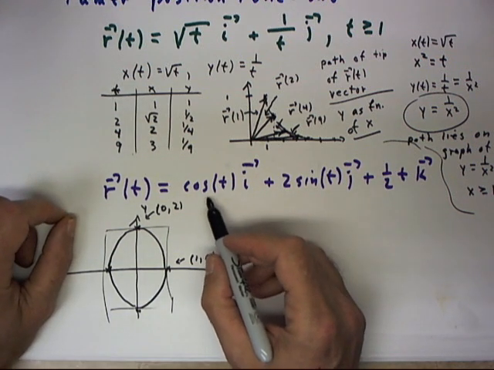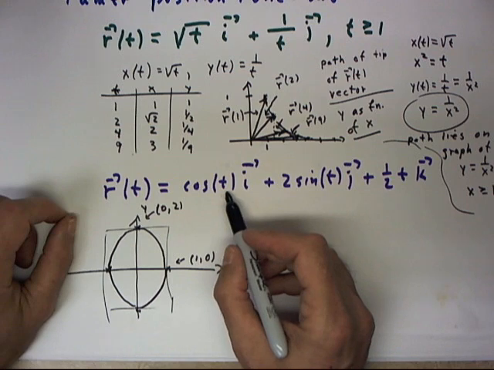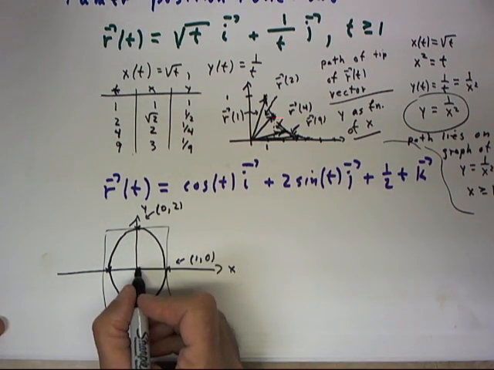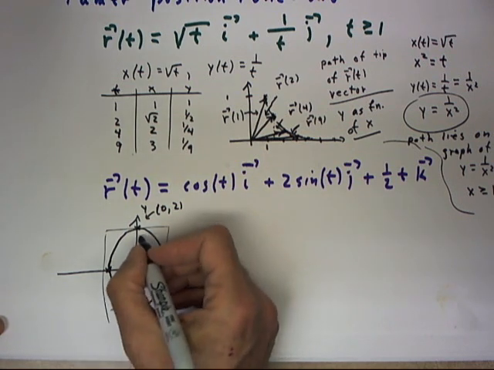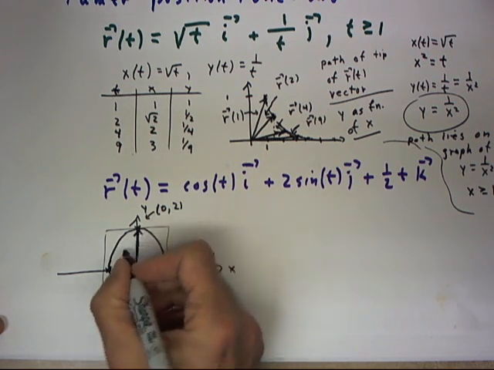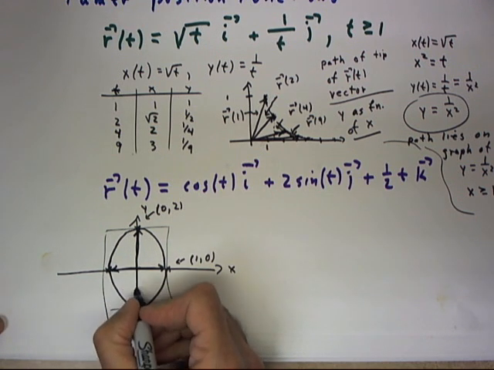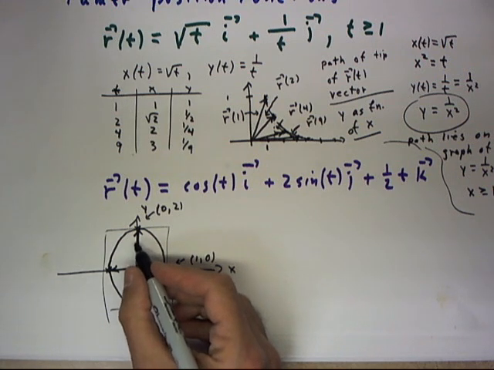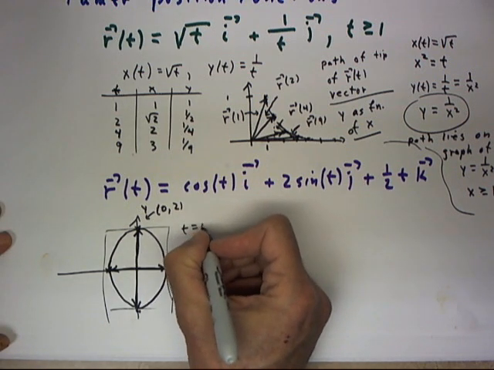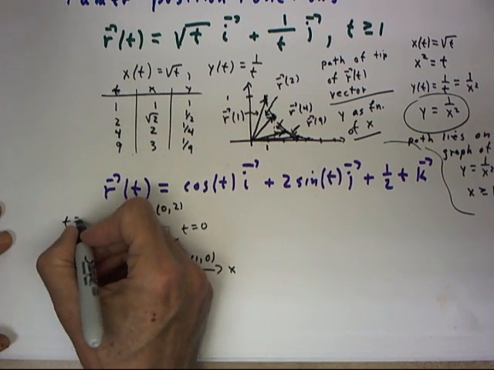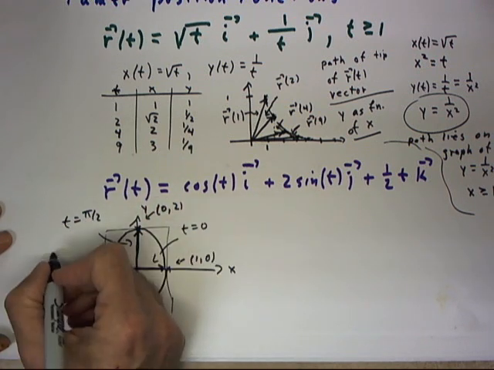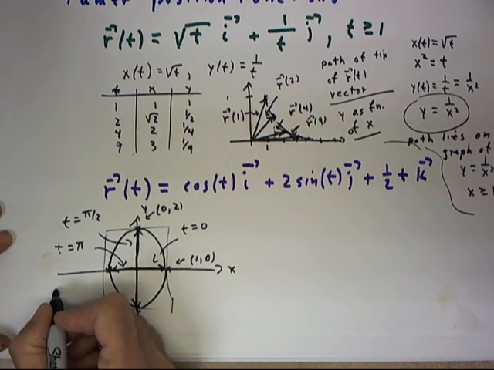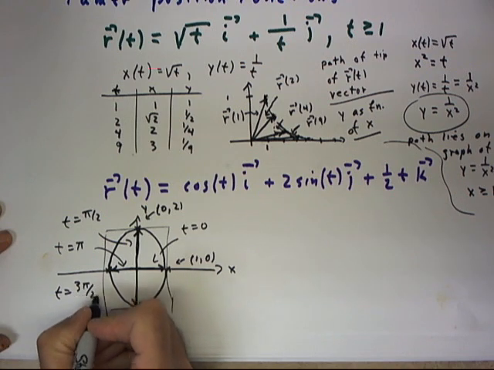If t equals pi, then we have the cosine of pi is -1, so -1i plus 0j. So we're going from our t equals 0 point to our t equals pi over 2 point, to our t equals pi point, and our t equals 3 pi over 2 point.